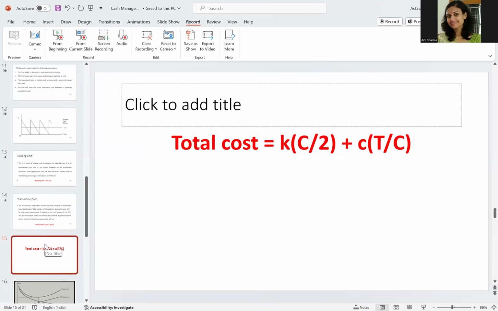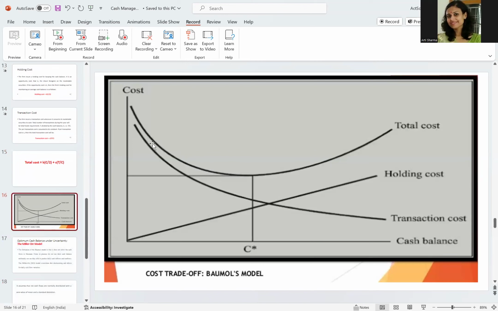And here also, just like the economic order quantity, we find out the optimum cash balance with the help of this graph. This is just similar to the EOQ graph. Here, as we increase the cash balance, our holding cost increases in a linear fashion, and by increasing the cash balance, our transaction cost is decreasing exponentially.